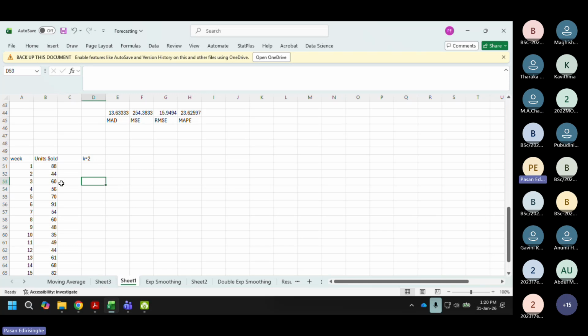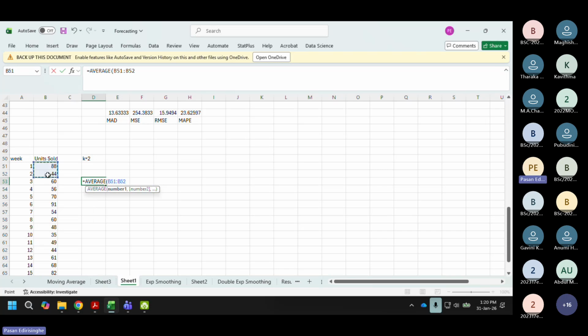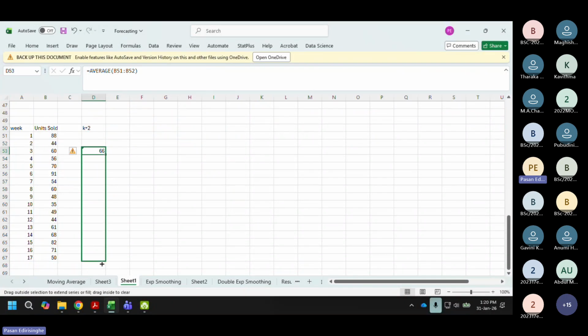Taking the two consecutive values and the average of that. I can take the average of these two and put it over there, right? And I can keep on doing that until the last observation, right?